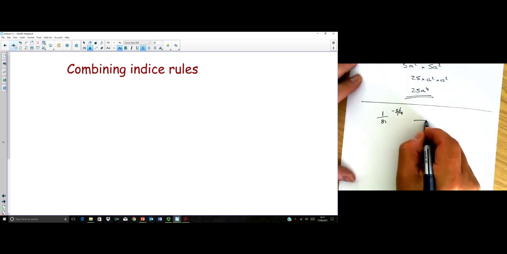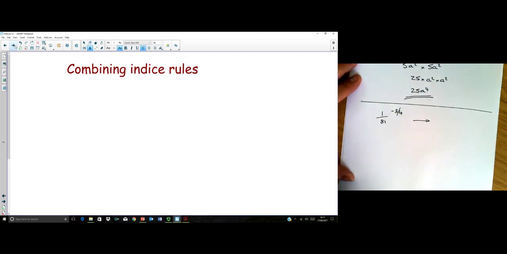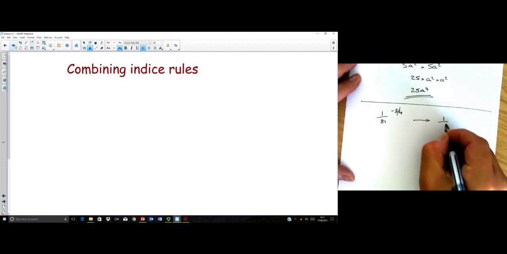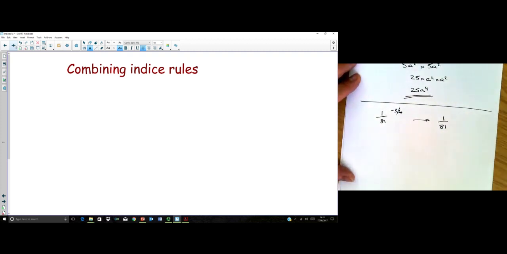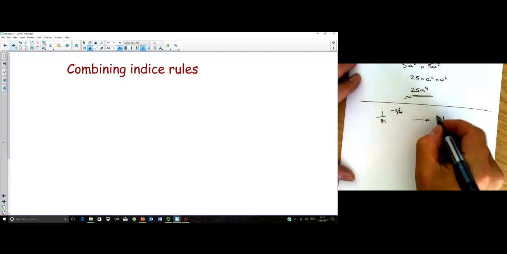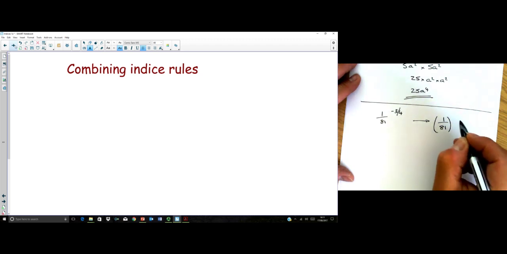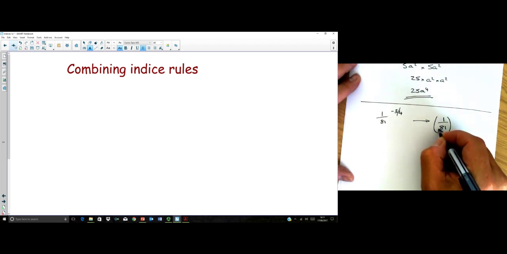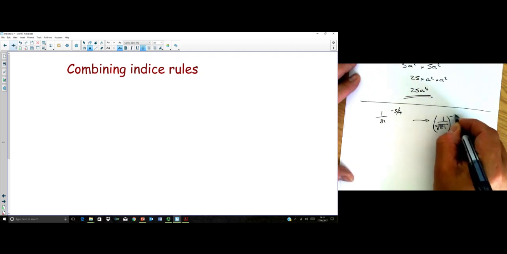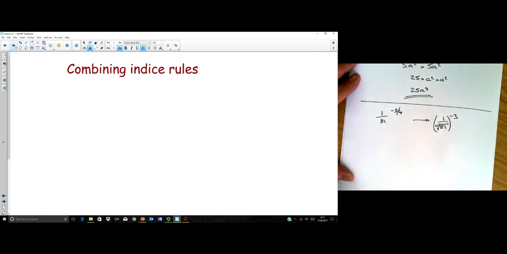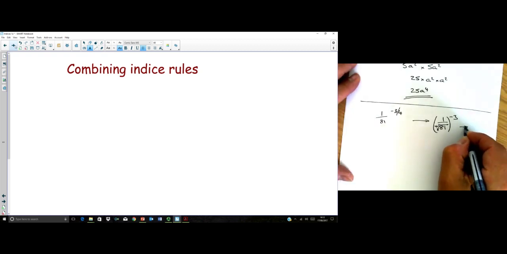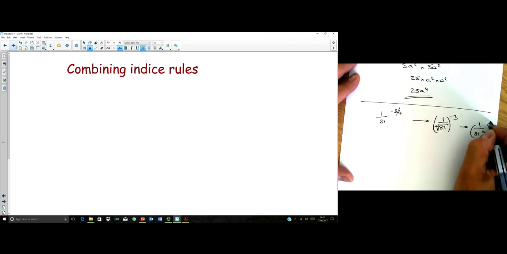Well, we could say, if you're happy, and hopefully you'll be happy, with one of those first three rules we started off with right at the beginning of this video, that is the same as 1 over 81 the fourth root to the power minus 3. Or maybe you might prefer if I go 1 over 81 to the quarter, to the minus 3.